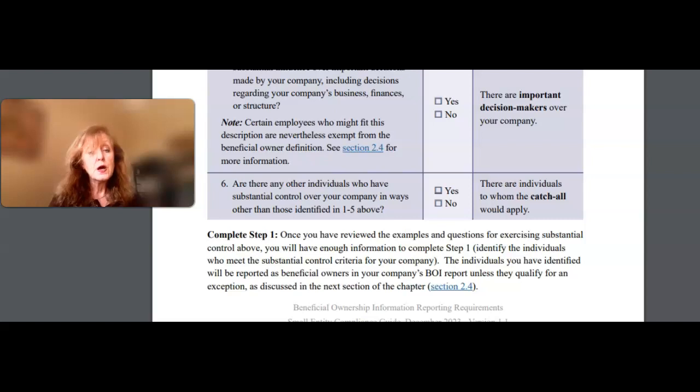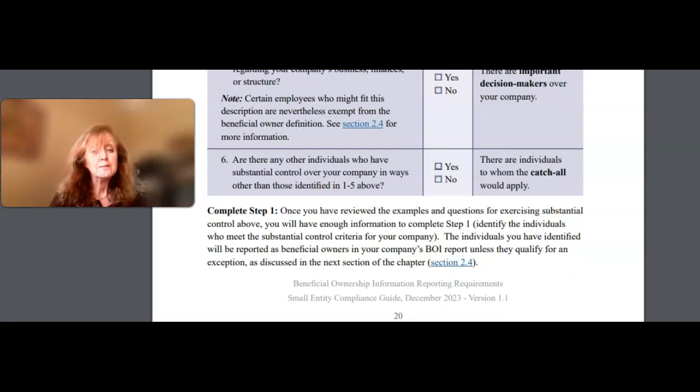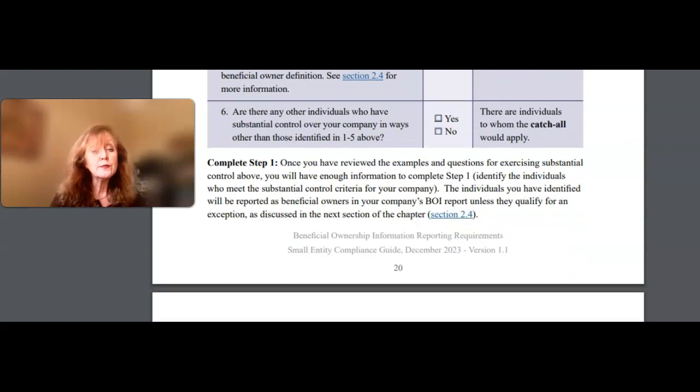If so, they could fall under the catch-all provision. Okay. Once you've completed this step and reviewed all of these examples with regard to control, if you checked yes, the individuals that you have identified will be reported as beneficial owners.